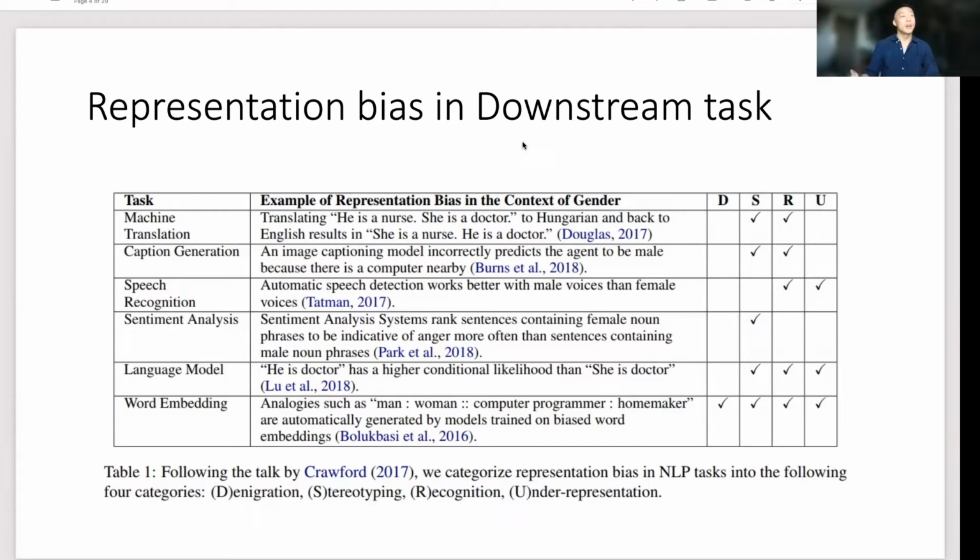And also recognition, because it's actually an error. If you have a source sentence in English, and you translate it to Hungarian, when you translate it back, it should have the exact same sentence back. But now it deviates from the correct sentence, right?